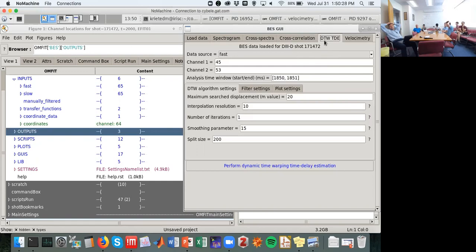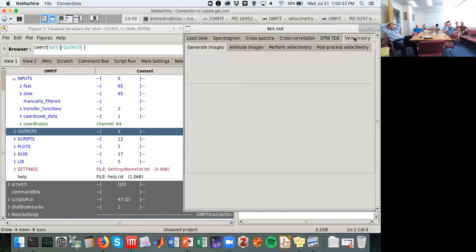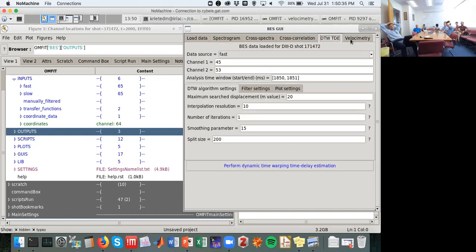Okay, I'm actually going to gloss over this analysis because velocimetry does a better job of what this gives you. But basically this DTWTD tab stands for dynamic time warping time delay estimation. So there's an acronym in the tab name, but it's written out down here in case you're interested. This is an algorithm used for calculating turbulent velocities.